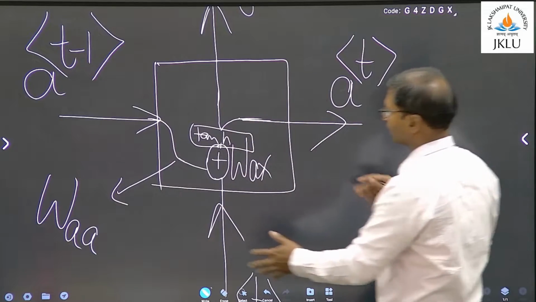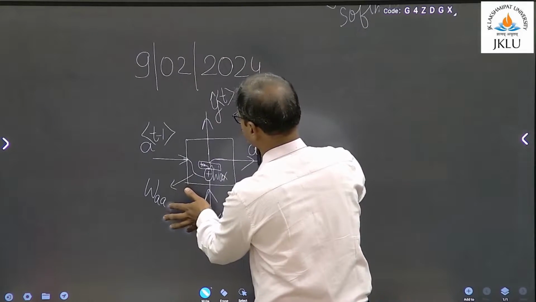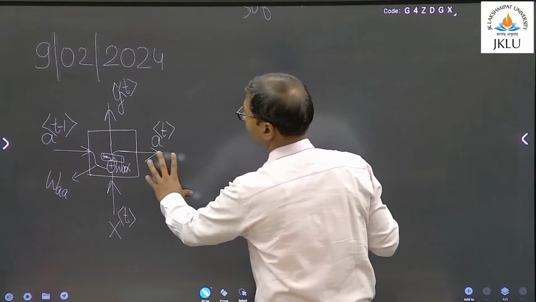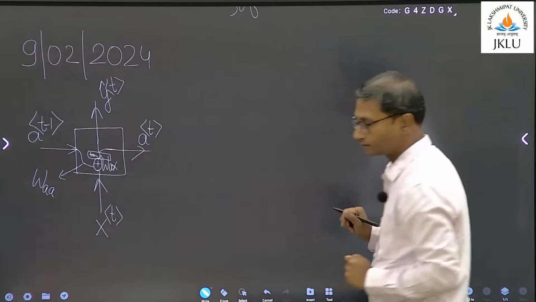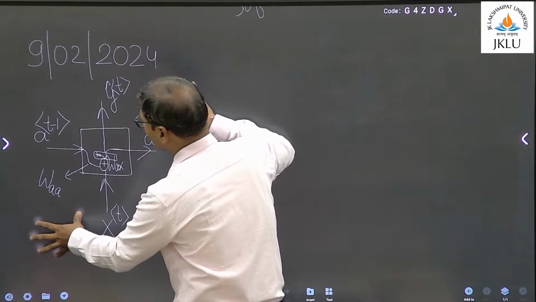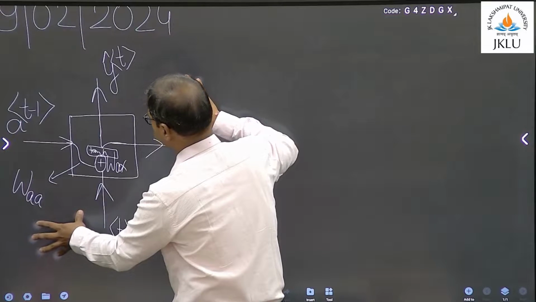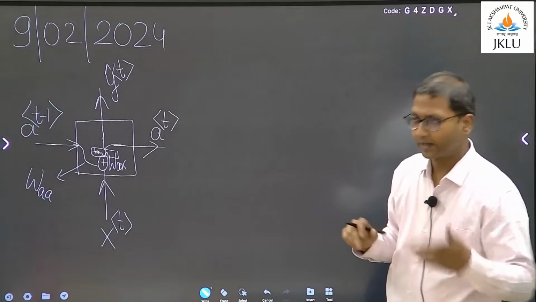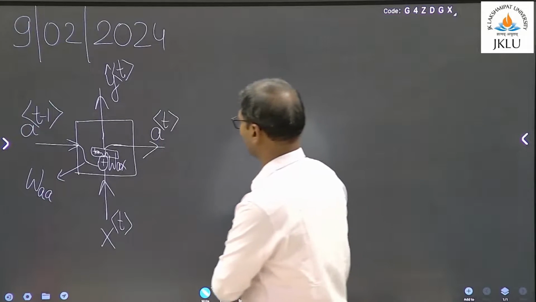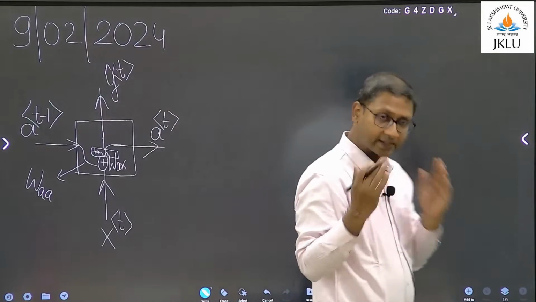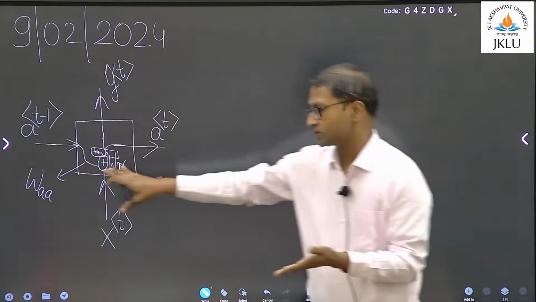Now, before I talk about how to train this and everything, I am going to talk about one more architecture. We talk about that architecture first, and then maybe starting next week, we will talk about more theory. It turns out that nobody uses this architecture.